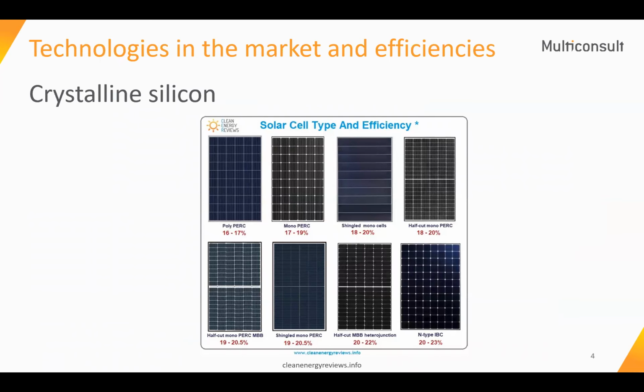When it comes to technologies, we have three main viable technologies for BIPV in the market now. Here we will briefly see them and their efficiency right now in the market. We have crystalline silicon, with efficiency between 17 to 18% and 21 to 22%.